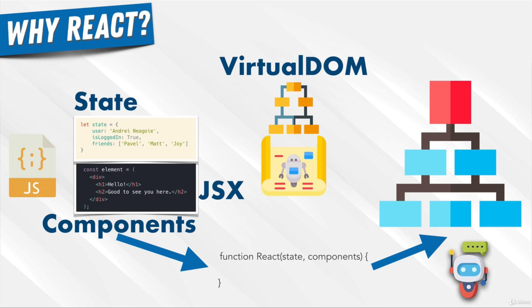Now, this idea of a unidirectional data flow means that anytime we want something to change on our web page, well, the state has to change. That is, the data has to change in our app. So what happens if, as a user, I click on, let's say, a button? Well, I click on a button.